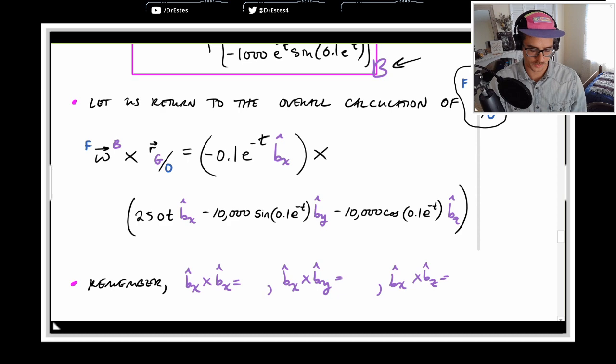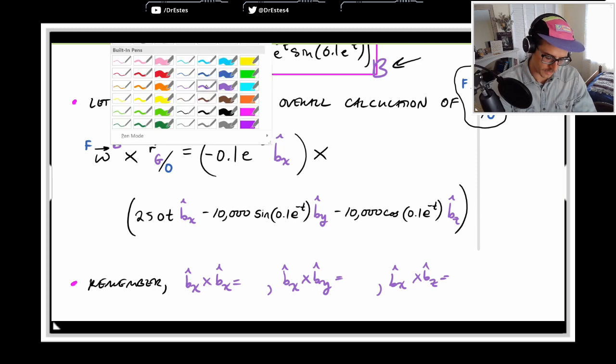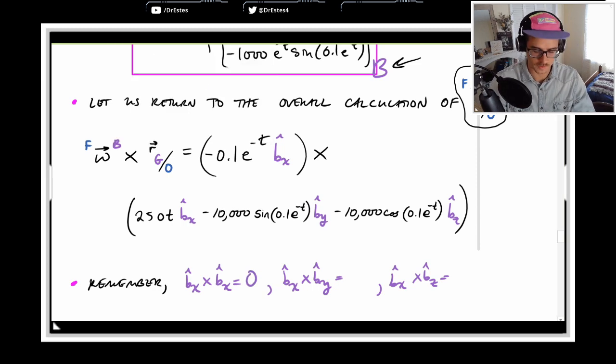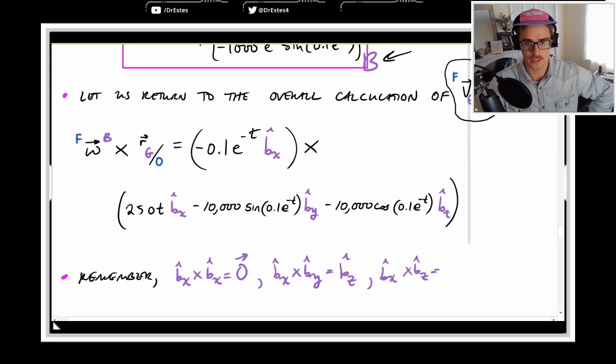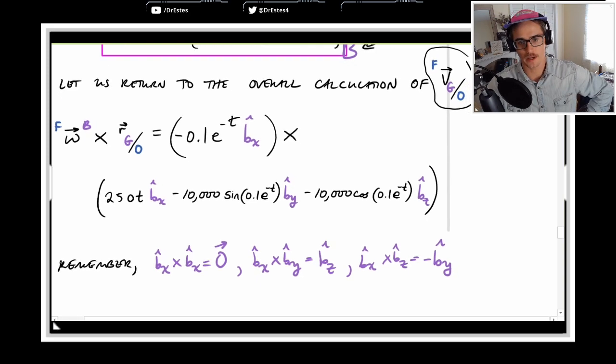Now, when you're doing this, multiplying all this out, you got to remember that if you take the cross product of two vectors that are the same, you're going to get the zero vector. Bx cross by, I'm going to get bz. And bx cross bz, I'm going to get minus by. And how am I getting this?